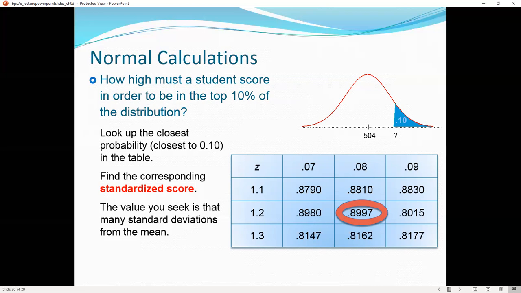Because in this table, we're looking for 90%, like we typed into the calculator on the last slide. So the closest value to 0.90 is 0.8997. That's going to give us this z-score of 1.28. This 1.28 is saying that to the left of 1.28, we have about 90% of the information.